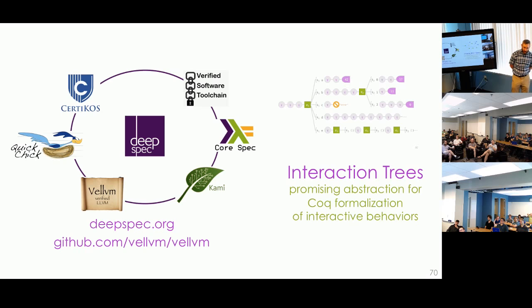In fact, I didn't go into it at all, but one of the things going on at Princeton at the moment is the VST, the Verified Software Toolchain, where they're using a separation logic to reason about C programs. And the technique you can use to connect it to interaction trees is to treat the interaction tree as part of the ghost state that you can reason about as the program behaves.